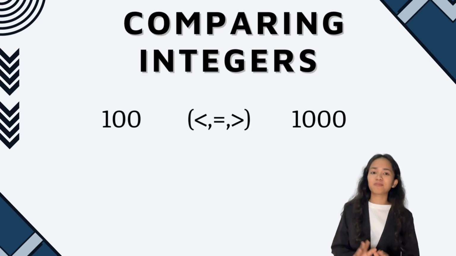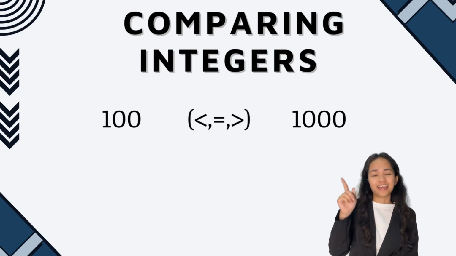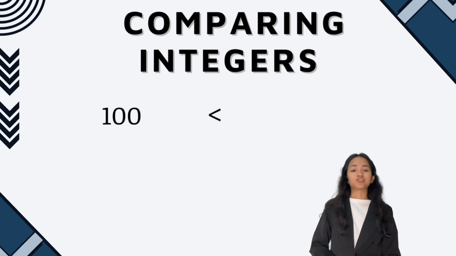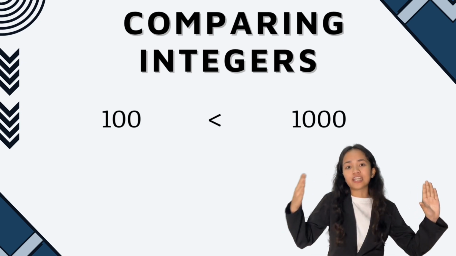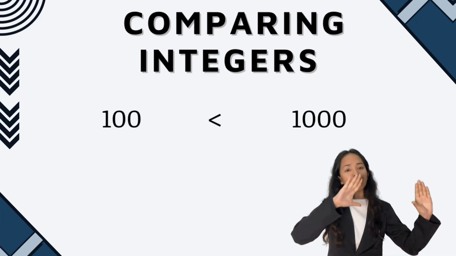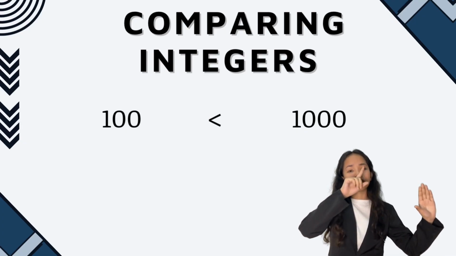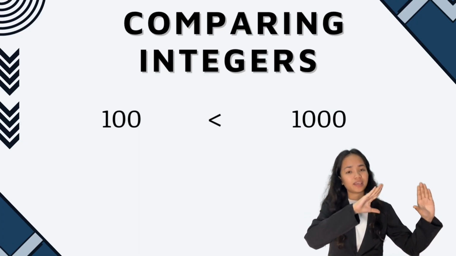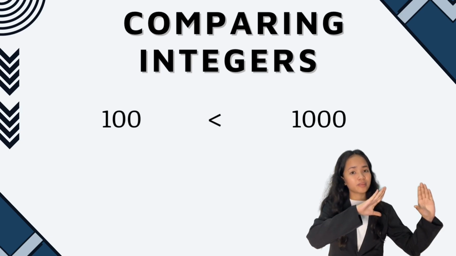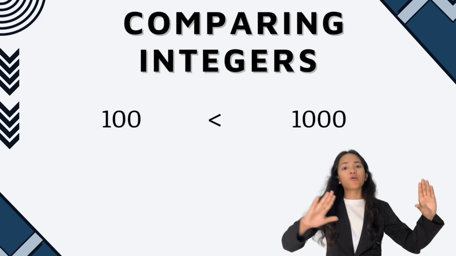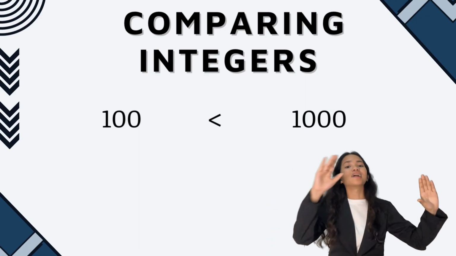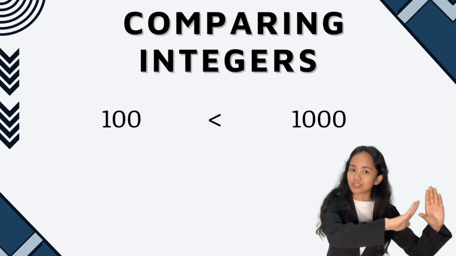Who can answer my question? Yes? Very good. 1,000 is greater than 100. So, the sign should be on the 1,000. Because if you read this, 100 is less than 1,000.